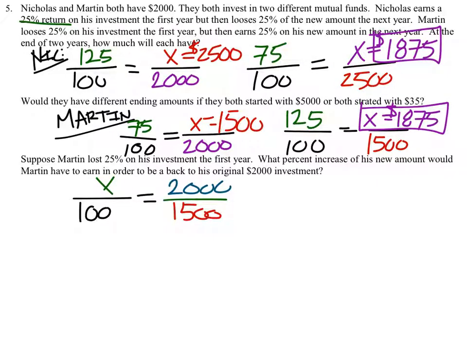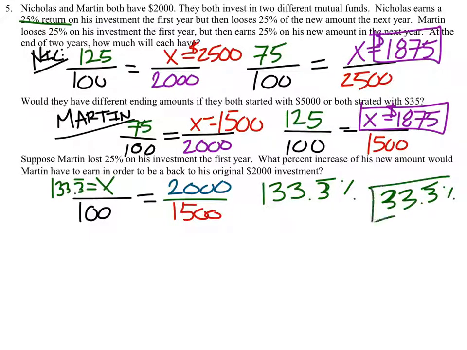So to solve with these, we got 100 times 2,000 divided by 1,500. This percentage comes out to 133.3 repeating. So it looks like he needs to increase another 33.3%. We need to be careful on this. The final percent is a 33.3% repeating increase.